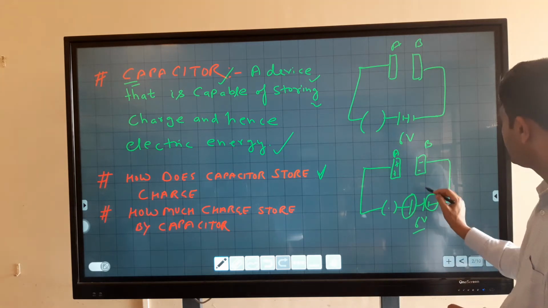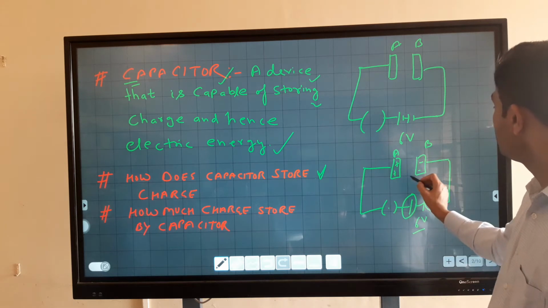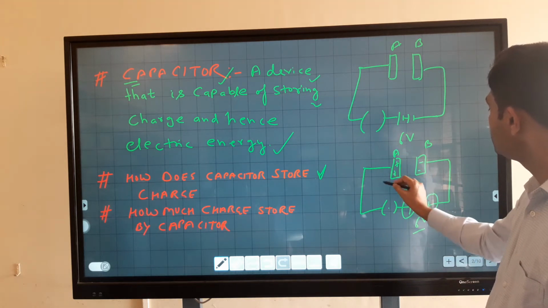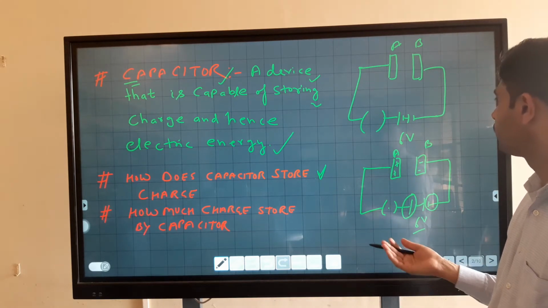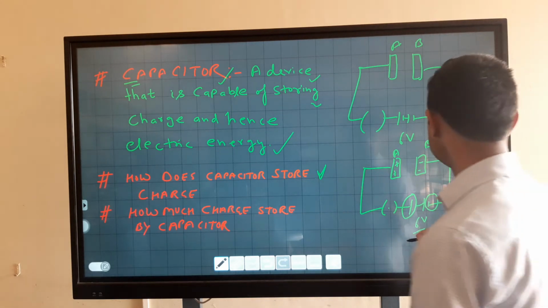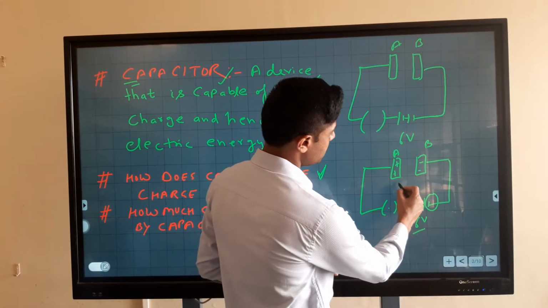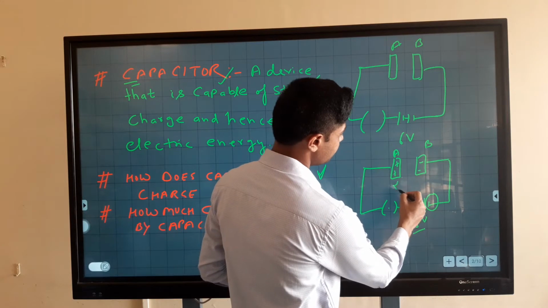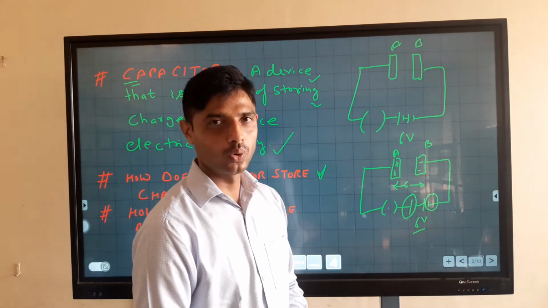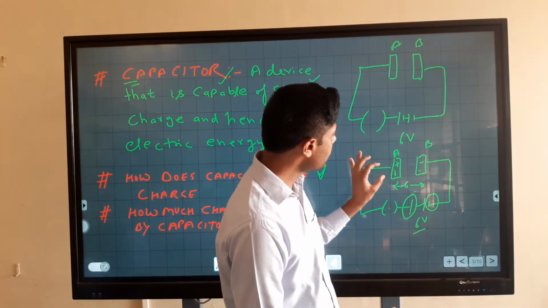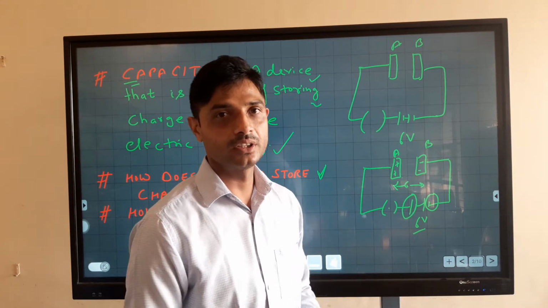This process goes on until the potential difference between these two plates becomes 6 volt. When the potential between these two plates becomes 6 volt, the charging will stop. It means plate A and plate B are charged.